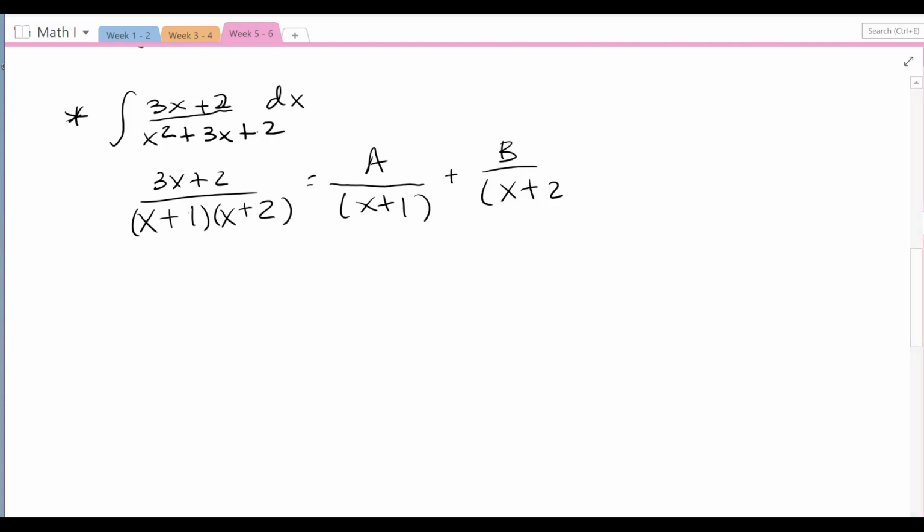Therefore, if we multiply with the terms in the bottom, we end up with 3x plus 2 equals A times (x plus 2), and then B times (x plus 1).